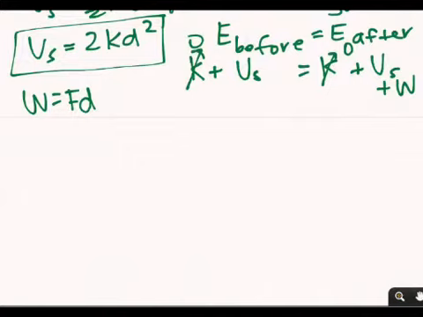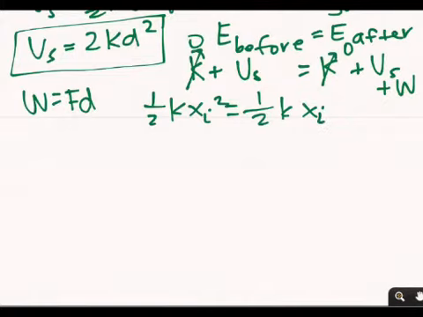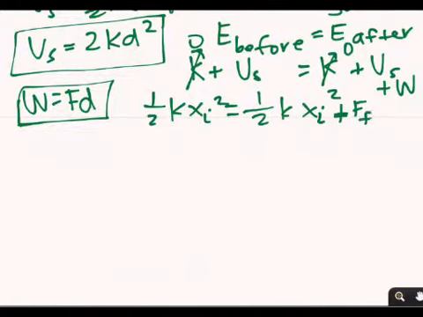Now we need to plug some things in. So we can plug in 1/2 k initial position squared equals 1/2 k final position squared. And then the work is the work that's due to friction. And remember the work equation is force times distance. So it's the amount of friction over the distance that you apply the friction. So we can start with that.